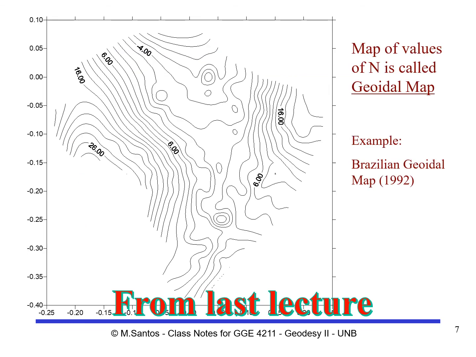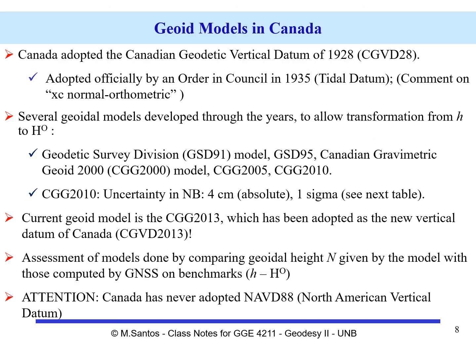I show you this very old geoidal map of South America, in Brazil. This is basically how we used to do it. We used to interpolate with the tip of the pencil. Now, of course, things have progressed, but let's have a look at how things progressed in Canada.